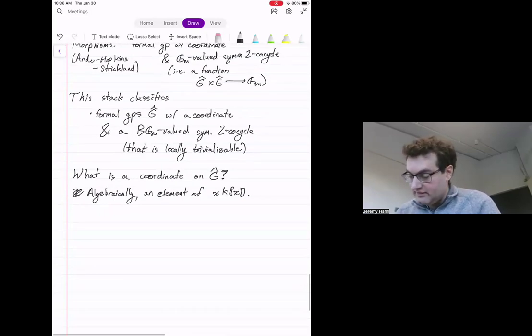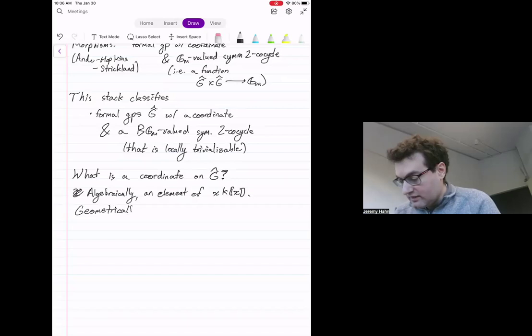But geometrically, one way of thinking about it that I learned from Arpon is that a coordinate is the data of a trivialization of a certain line bundle.